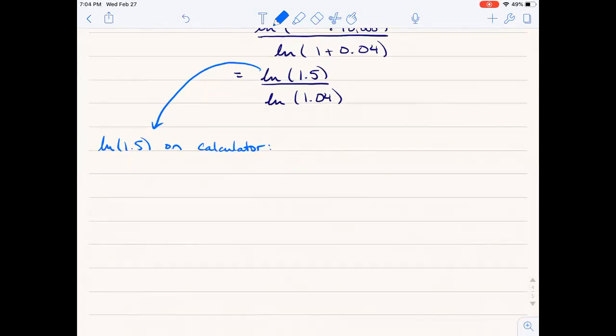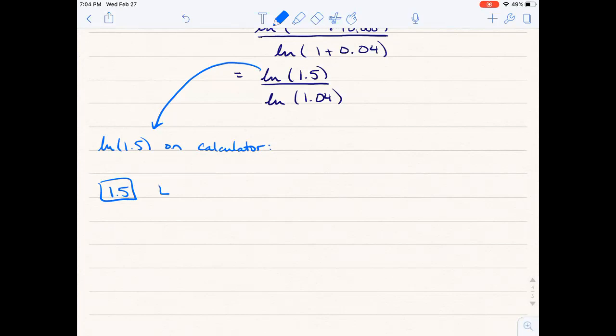how do you do it? On these calculators, you have to have the 1.5 on the screen. Yeah, 1.5 on the screen. And then hit the LN button, which is over on the left-hand side, fourth button from the bottom, sixth button from the top.